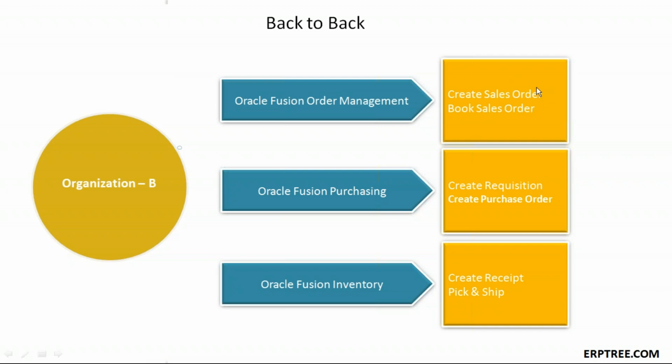Then based on this sales order, within Oracle Fusion Purchasing, the organization B purchasing department has to create a purchase requisition.